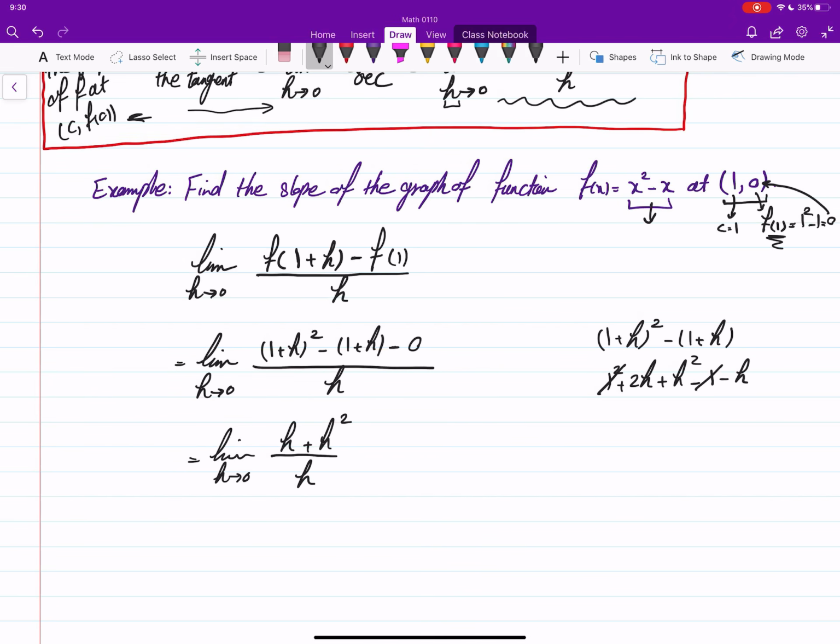This is now a limit. The variable is h. If at this stage you try to find the limit, you will notice, if you have done everything correctly, that you're in an indeterminate form, 0 over 0.